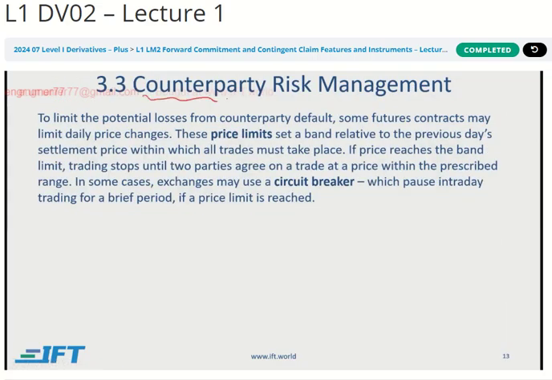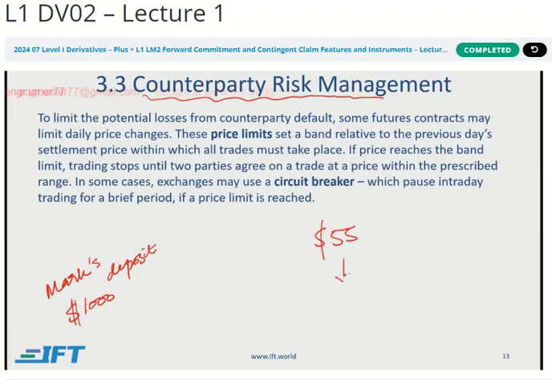And this process of mark to market manages the counterparty risk so that neither party can default, because the profit and loss is settled on a daily basis. But what if, let's say, Mark has a $1,000 deposit, and at 55 they get into a deal of 100 grams, and the price suddenly falls to $35 overnight.